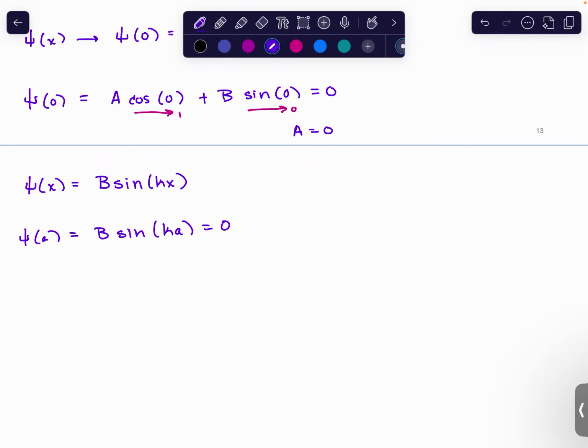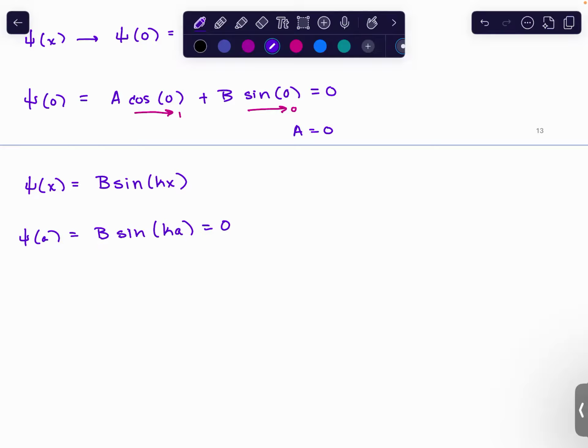It could be that B equals 0. If B equals 0, then we have no wave function. We have a trivial solution, which can't represent a physical situation. We know there still has to be a wave function there. So a trivial solution is automatically thrown out.